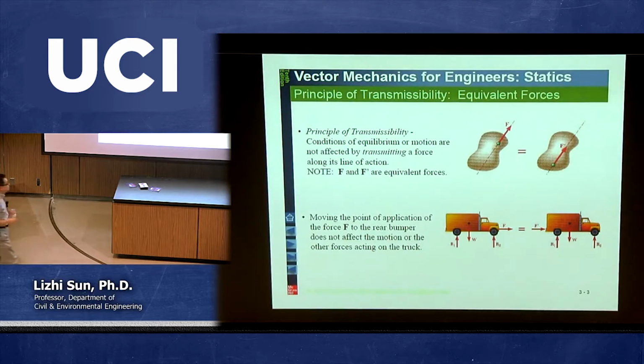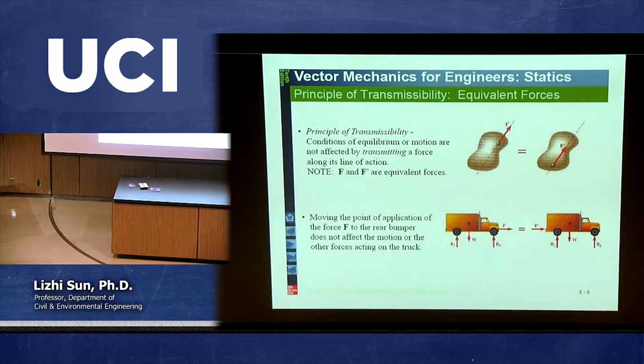These are fundamental principles supported by experiment, but there's nothing you can prove. This is the same thing. With the principle of transmissibility, you can move a force from one point to another without doing anything additional, as long as these two points are along the force line.